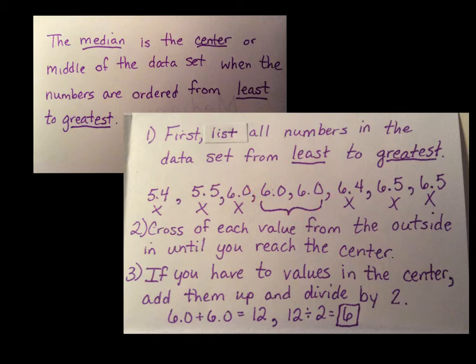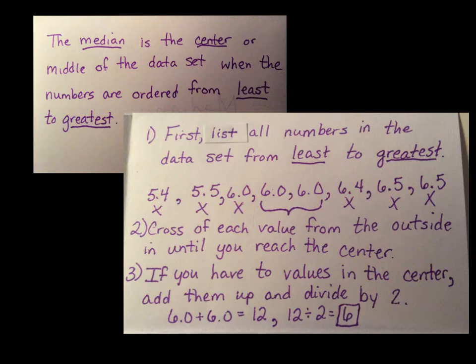There's no one middle. And if you do your numbers correctly, you will have the same number on the left and the right side of numbers crossed out. So I have 3 numbers crossed out on the left side, 3 numbers crossed out on the right side. So that means that I have 2 middles. And here's what you do. If you end up having 2 values in the center, add them up and divide by 2.